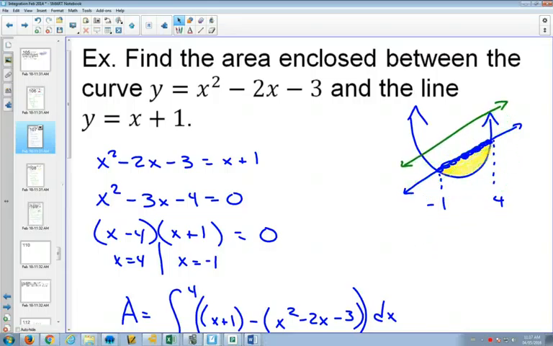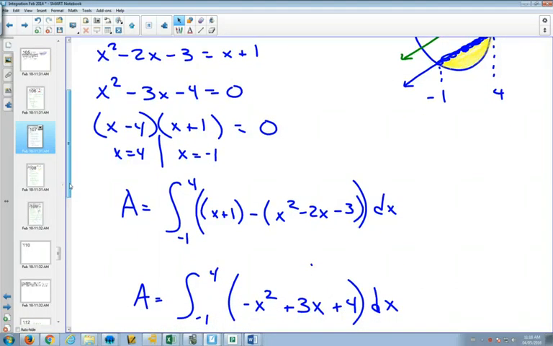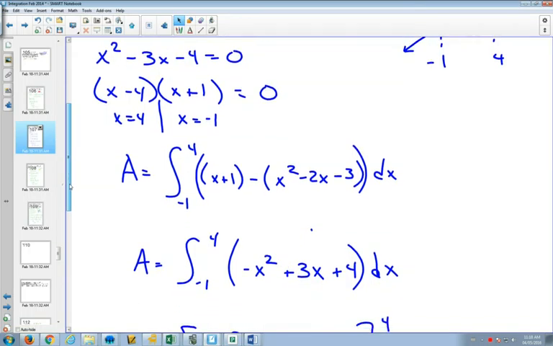But if they do intersect, based on the way those graphs are, the line would have to be the one on the top for when you're subtracting. So then once you found out that they intersect at x equals 4 and x equals negative 1, then we can take our two functions and subtract them and simplify.